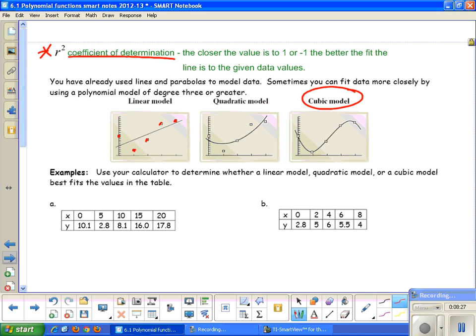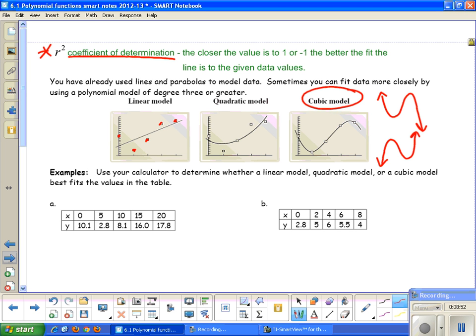And the way that you can tell is by using that r squared value, and I'm going to again show you guys how to do that. Now for this, cubic equations are generally in the shape of this. So this would be the general shape of a cubic, or it could go like this. So that's what a general cubic equation looks like, and we'll talk about that in the next section.